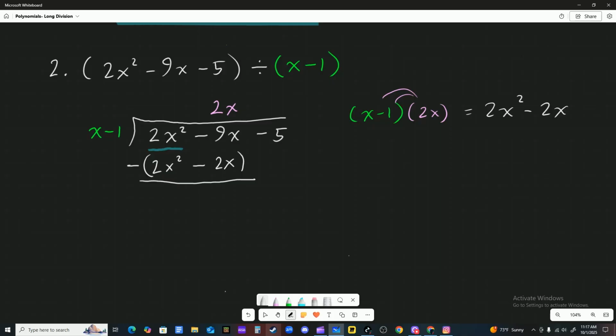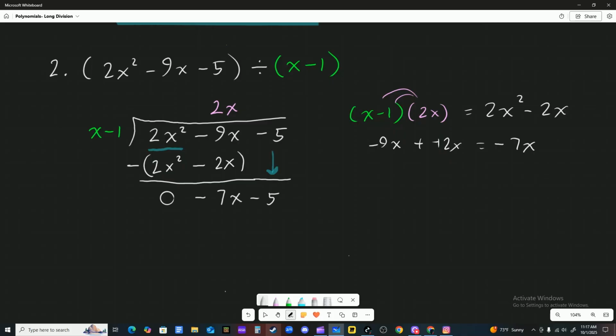So 2x squared minus 2x is 0. Negative 9x minus a negative 2x becomes minus 7x. So we're going to have here minus 7x. And we're going to drop down the negative 5 right there. Can even extend this if we want.